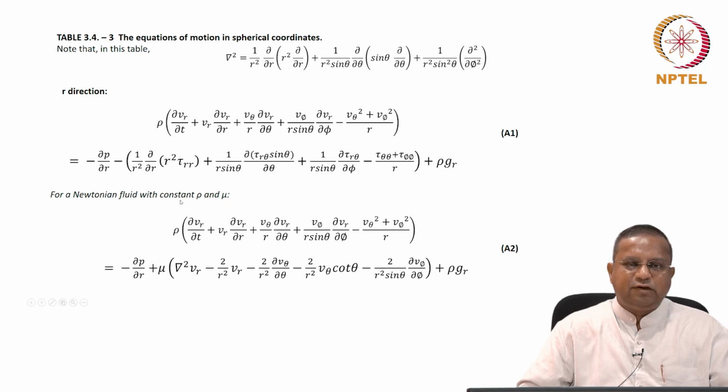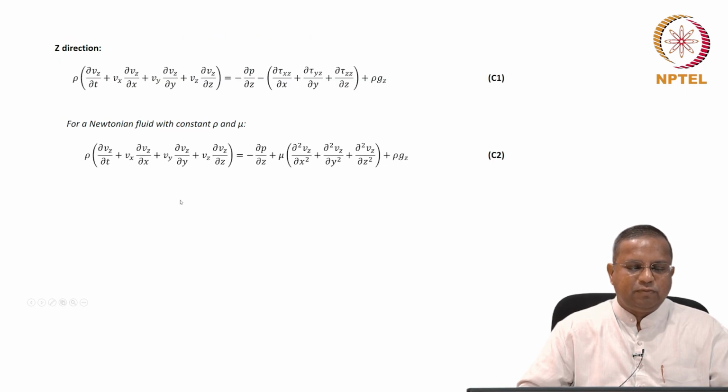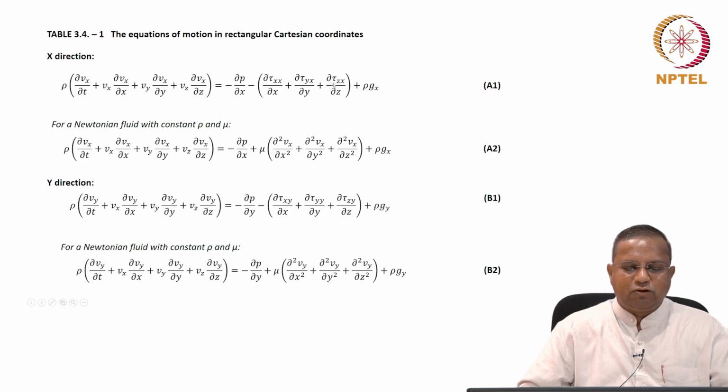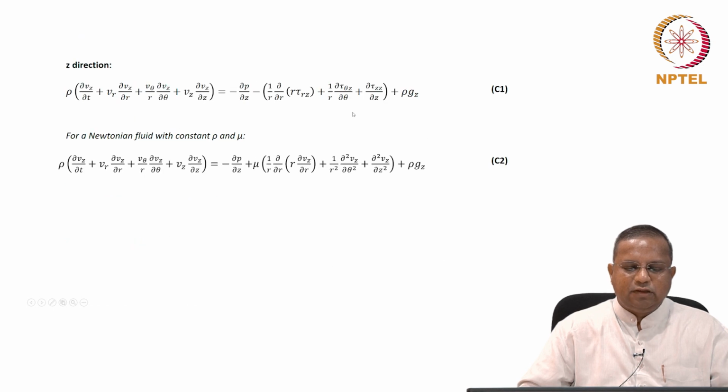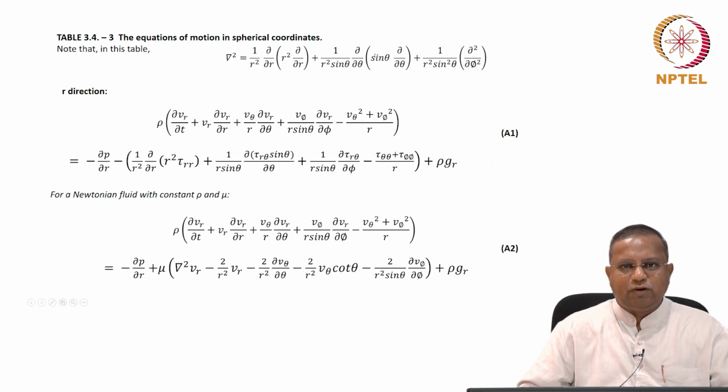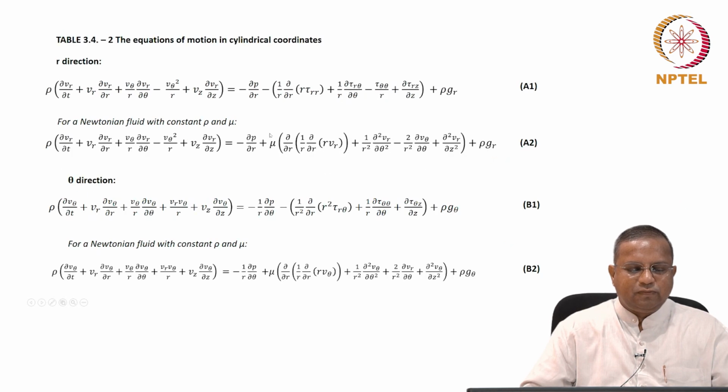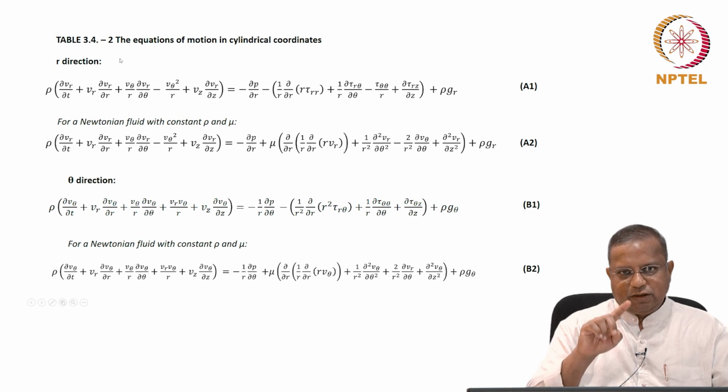The difference between these tables is the coordinate system. The first one is for rectangular Cartesian coordinates. The second one is for cylindrical coordinates. The third one is for spherical coordinates. The equation of motion in these three coordinates is in terms of the individual components. For example, if you have cylindrical coordinates, you will have r, theta, z.